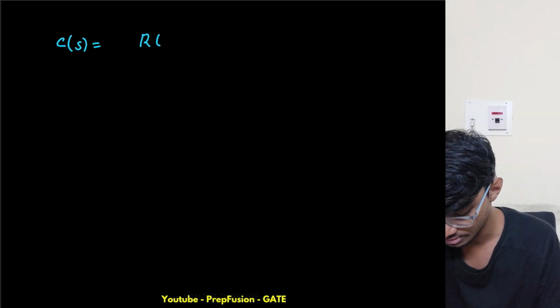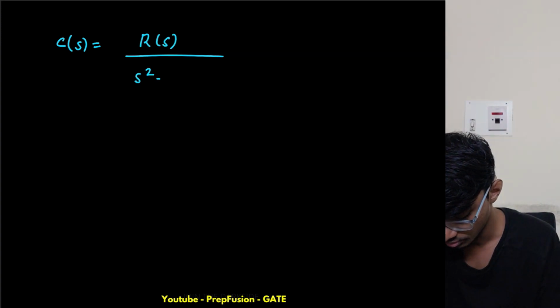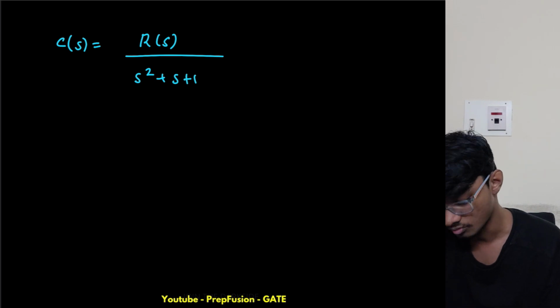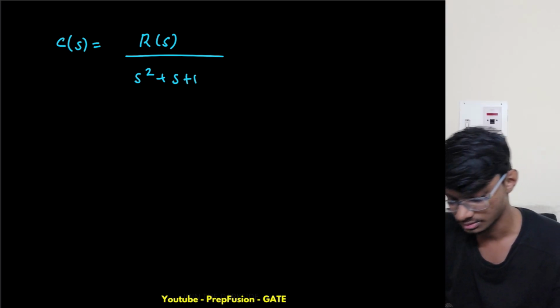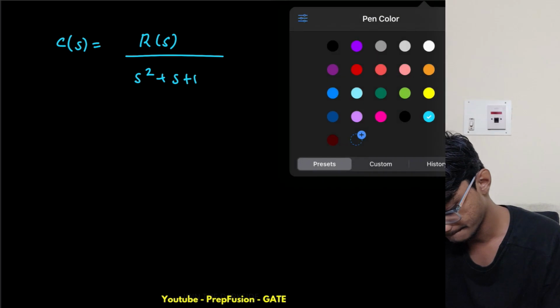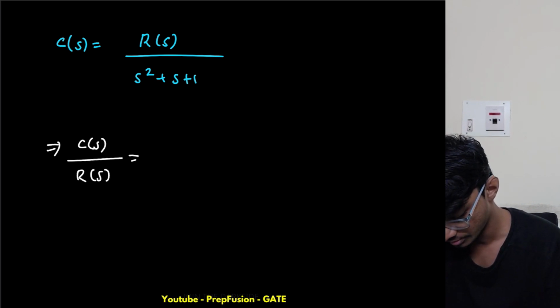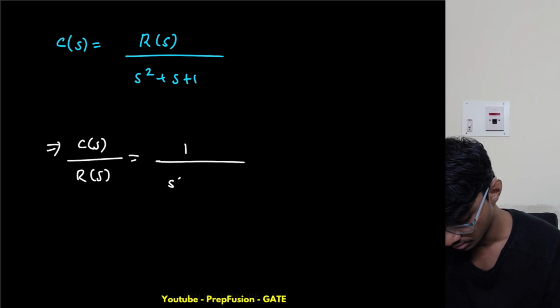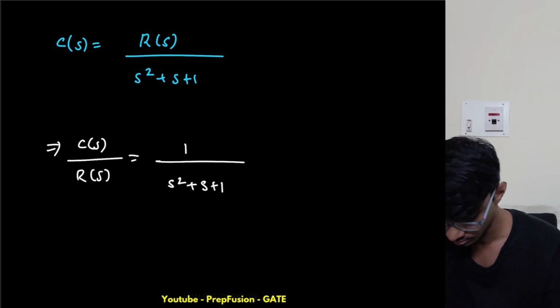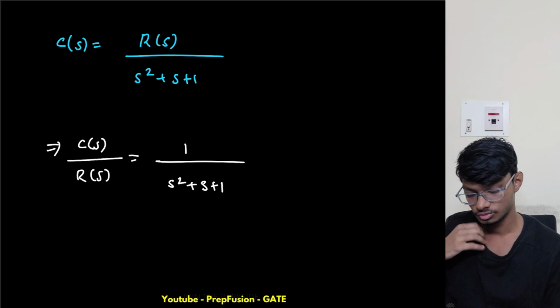So it will become R of S by S square plus S plus 1. Now C by R is the transfer function, so C of S over R of S equals my transfer function, which is 1 over S square plus S plus 1.